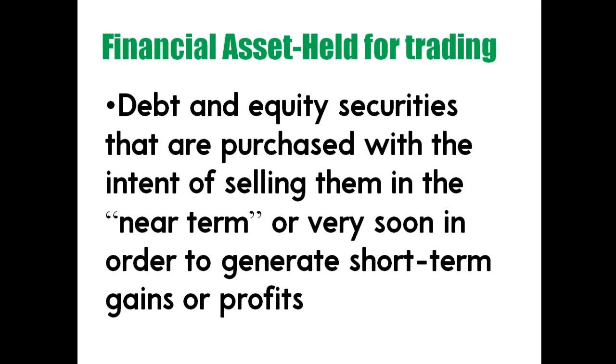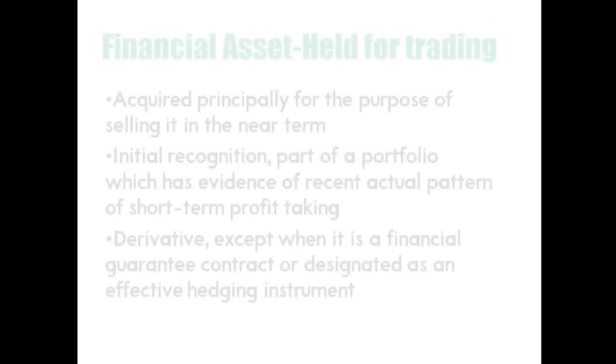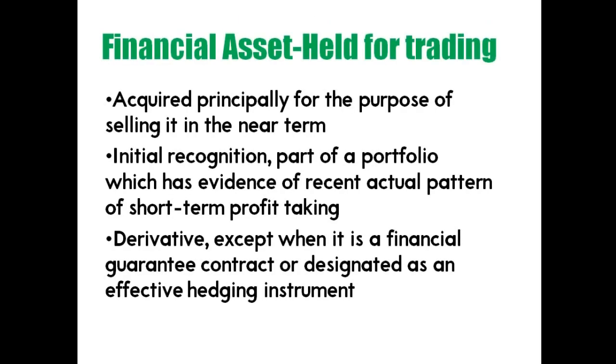So within 12 months or even after 12 months after the reporting period. Okay. So ito yung specific acquired principally for the purpose of selling it. So, trading pa rin siya. So, as we all know, if it is held for trading, it is current.